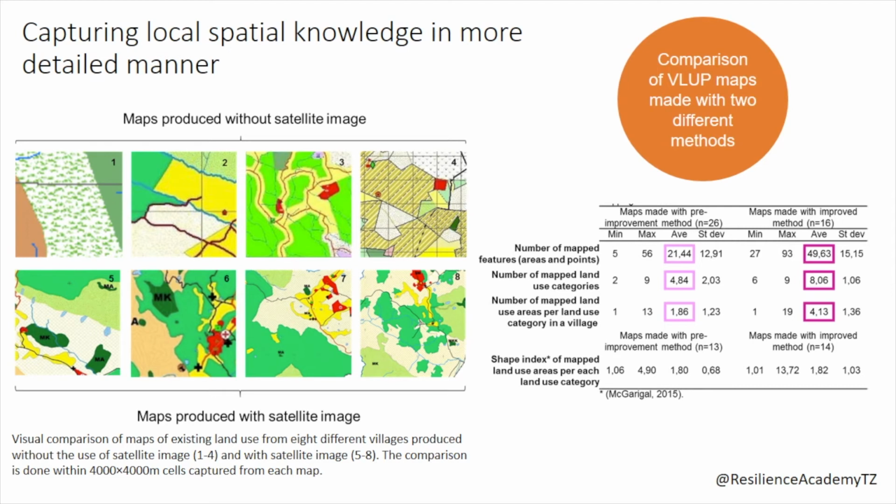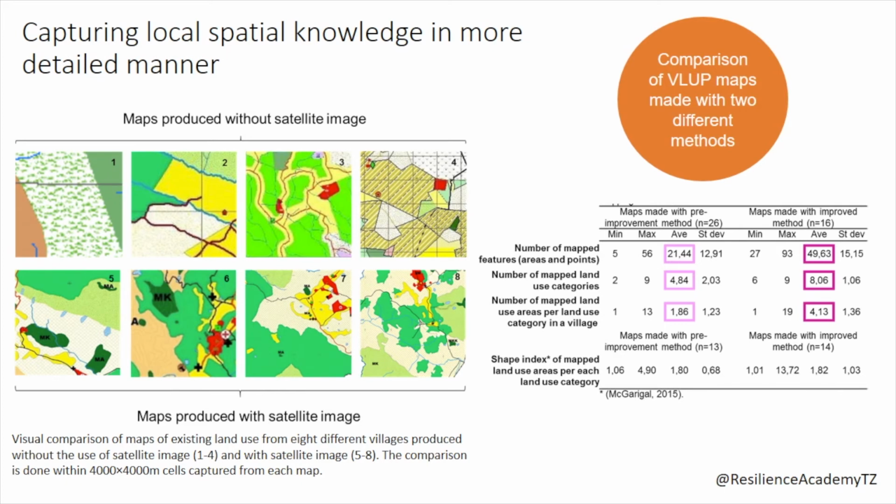In the left, you can see visual comparison of 4,000 meters times 4,000 meters snapshots from village land use maps. Above are 4 snapshots of maps that have been produced without satellite image, and below 4 maps that have been produced with satellite image.